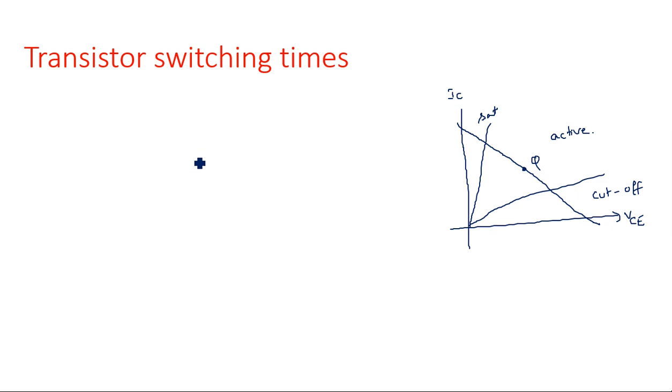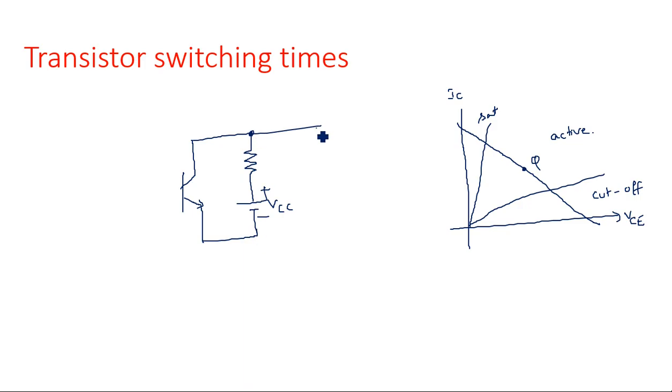Now consider a circuit which is a transistor acting as a switch. This is the load resistor RL and a biasing supply VCC, plus towards the collector and negative towards the ground.